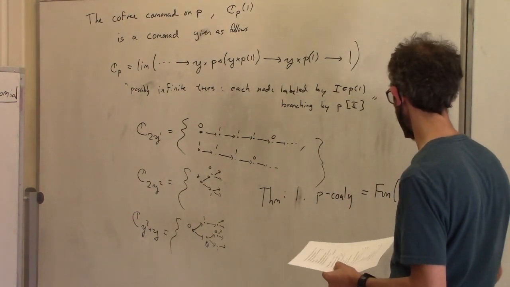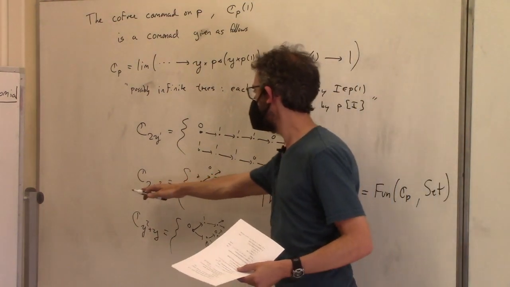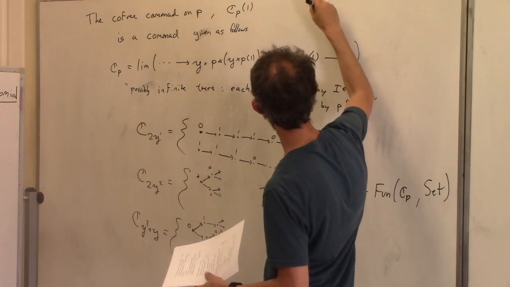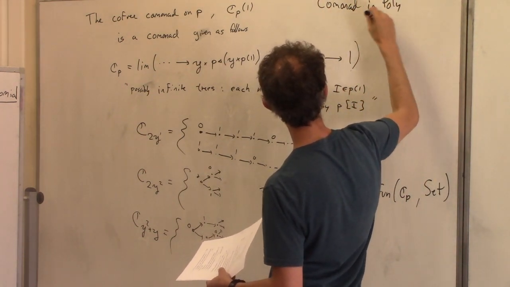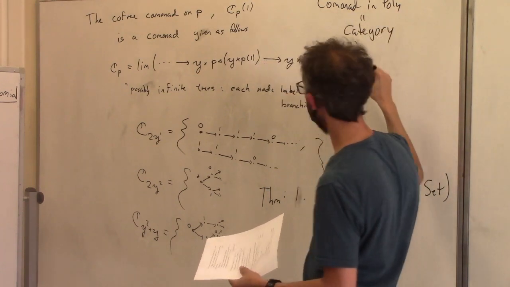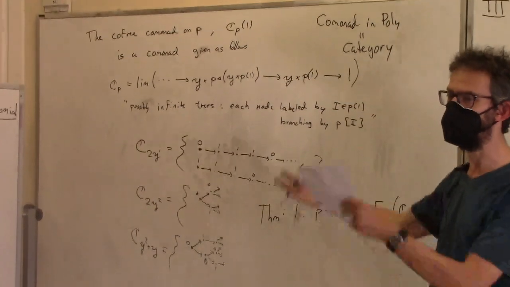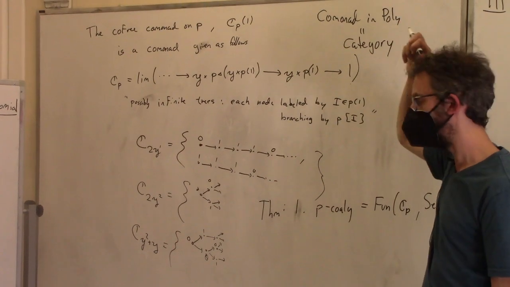There's a lot I'm skipping over here, and I apologize for that. But C_P is a comonad, and comonads in Poly are exactly categories. You've heard of categories, we're talking a lot about categories today. A category is a comonad in Poly.